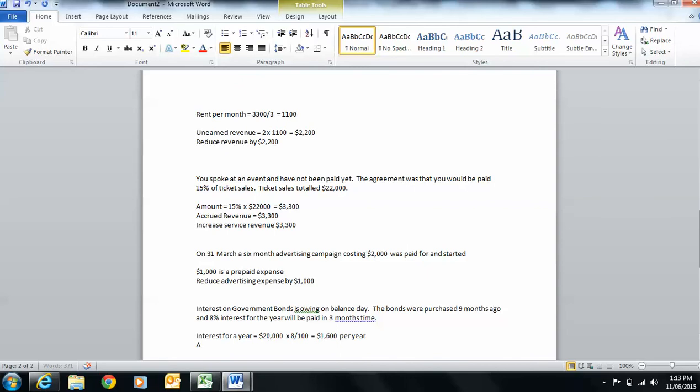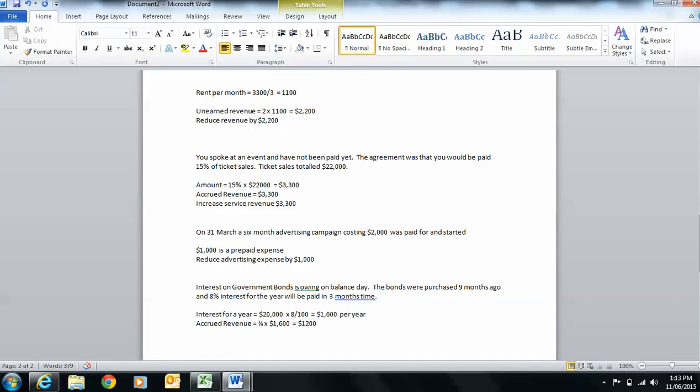So it's going to be an accrued revenue, and it's going to equal 3/4 of a year because 9 months interest is accrued. So you could say it's 3/4 of 1,600, which equals $1,200.